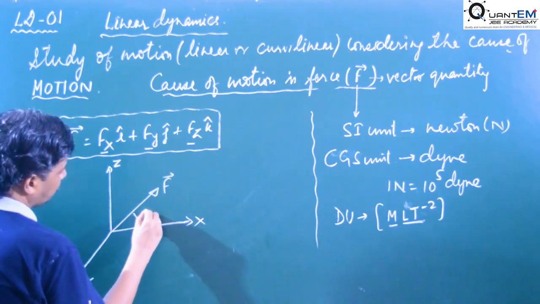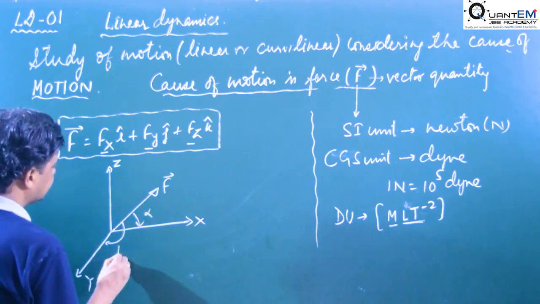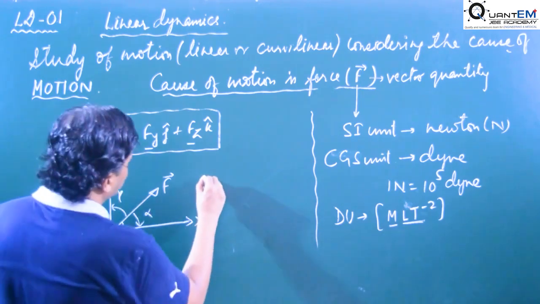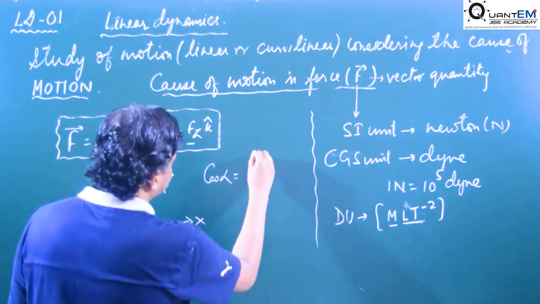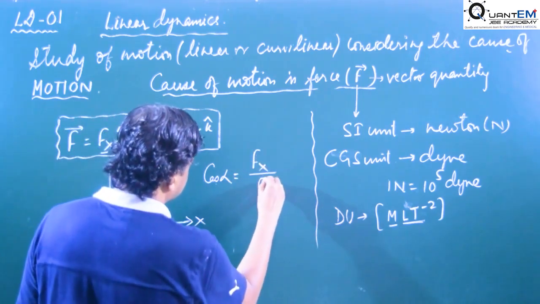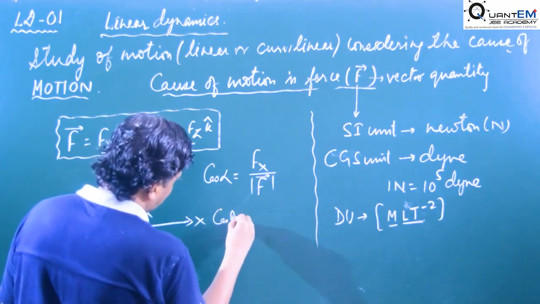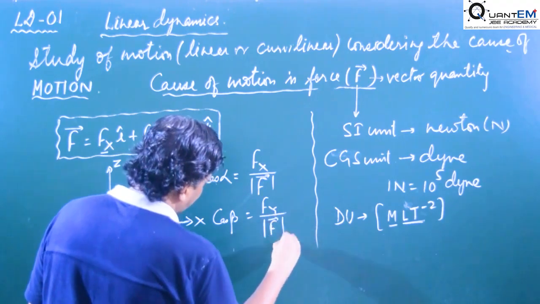This angle is alpha, this angle is beta, and this angle is gamma. So what is the value of cos alpha? The direction cosine is Fx by the magnitude of force. Cos beta is the force along y coordinate by the magnitude of force.